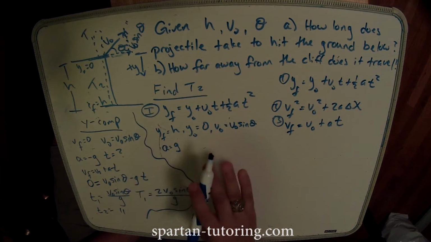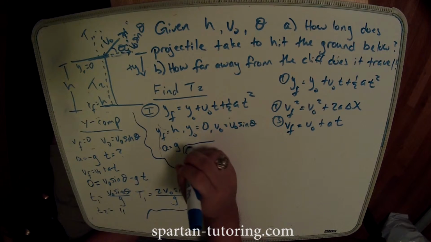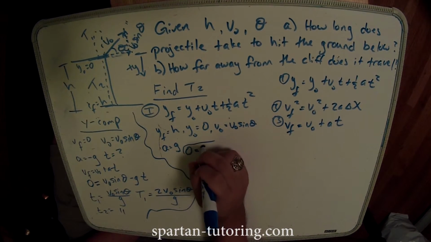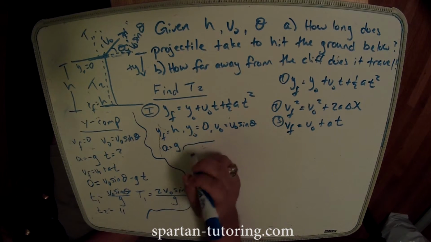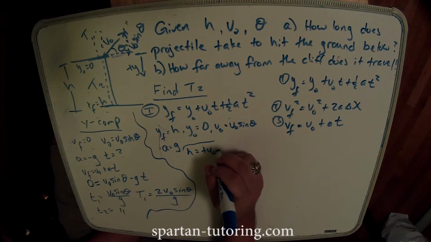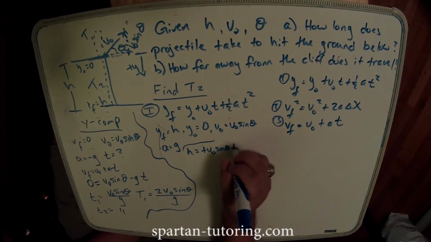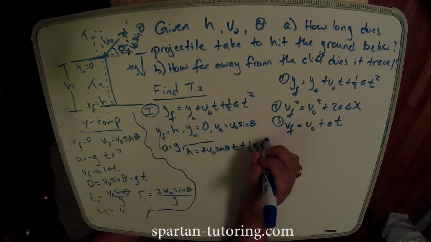So by plugging all of that in, h is equal to yf. h is equal to 0 plus v naught sine theta t plus 1/2 gt squared.